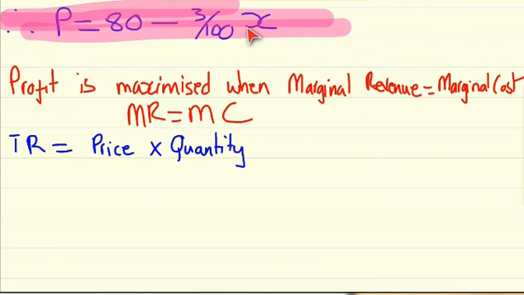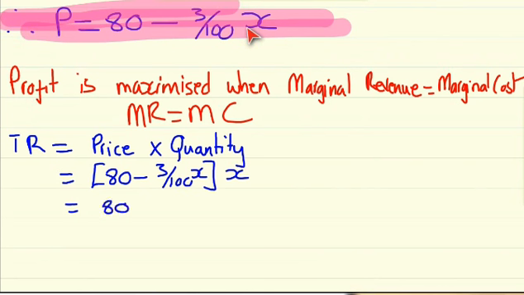I know that my price is this function, 80 minus 3 over 100 x. And my quantity is x, or my demand. That means my total revenue is going to be 80x minus 3 over 100 x squared. I've just removed the brackets there.